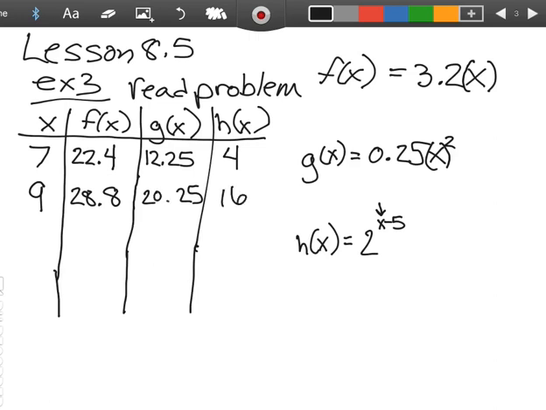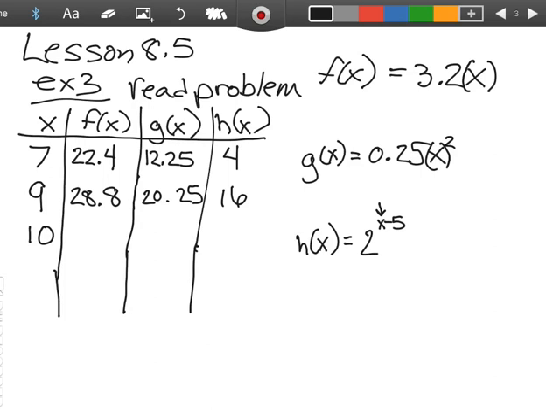All right, you should have gotten 28.8, 20.25, and 16. So notice 16 is pretty close to passing 20. It's catching up there. It still has a little way to go to hit 28, but because I know exponential functions can increase so quickly, I'm just going to start going up by 1 now, because this passing that we're looking for is going to happen soon.